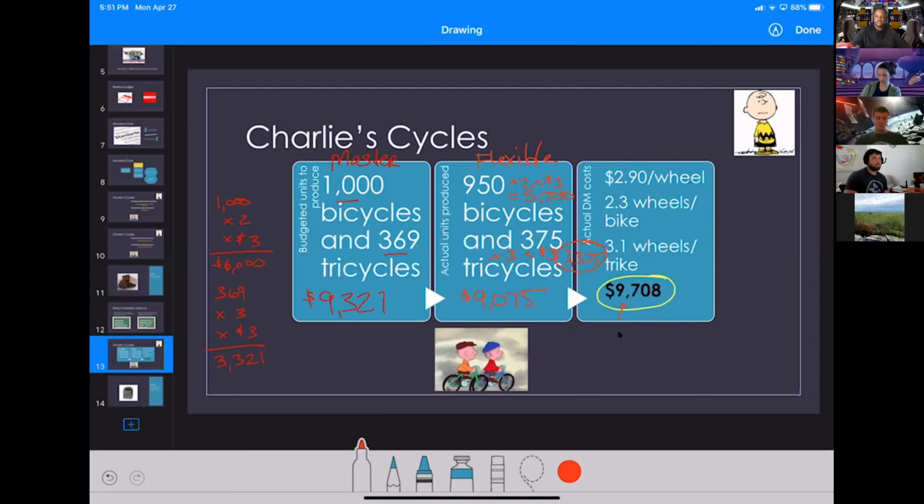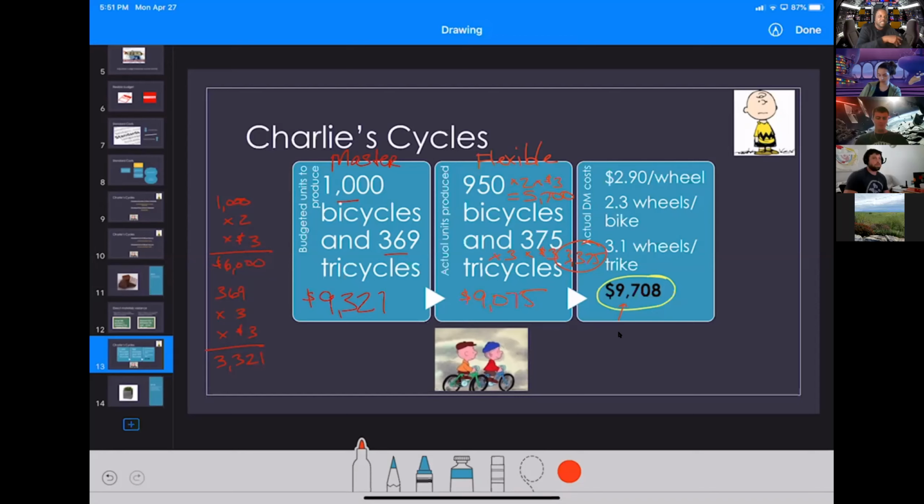Yeah, if I can, let's see, I can do it. 950 times 2.3. I have to use 2,185 wheels in order to make 950 bicycles.